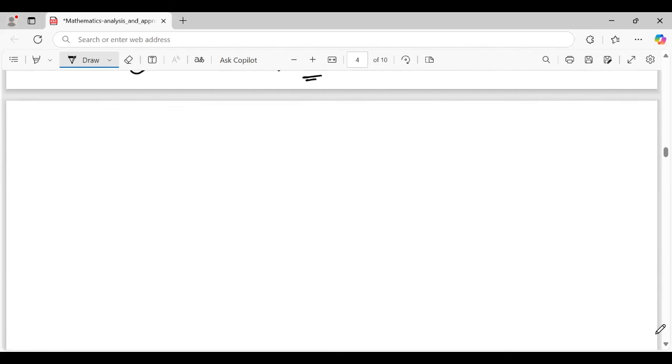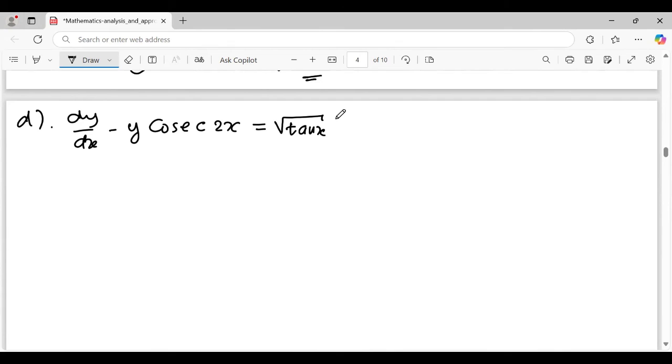Okay, part D. The differential equation is dy/dx minus y cosecant 2x equals square root tangent x.